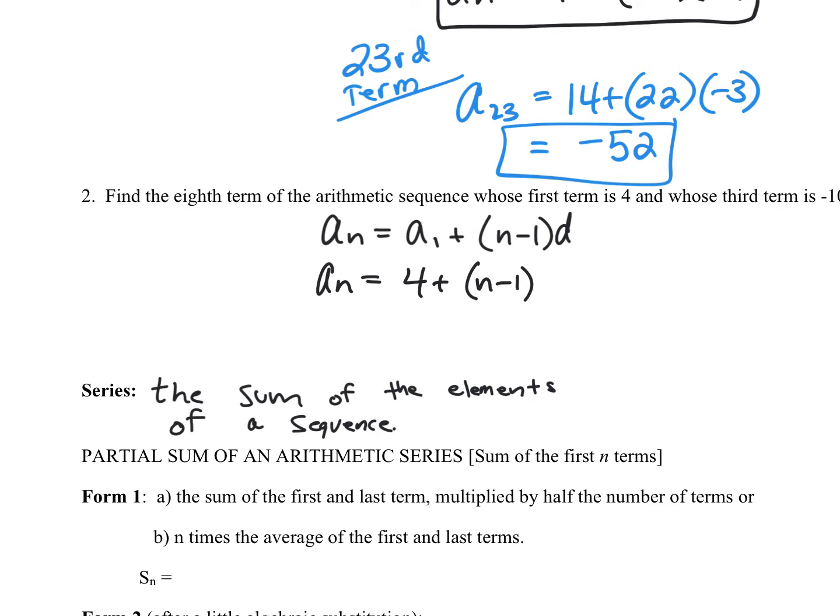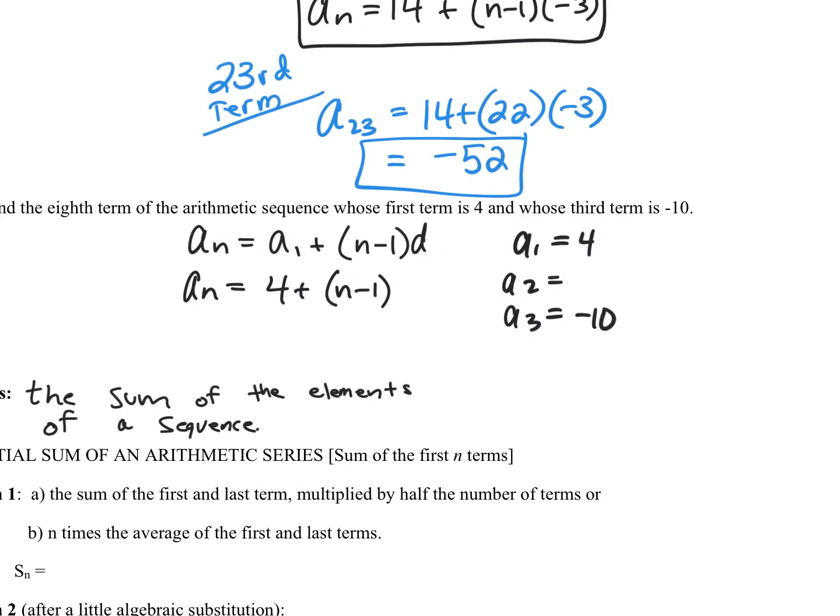But if a sub 1 is 4 and a sub 3 is negative 10, I need to figure out the common difference. I need to basically take the average of these two values because the second term will be halfway between the first and the third. Negative 10 plus 4 over 2 gets us to negative 3. We can see now that our common difference will be negative 7. So that's what I can plug in here.